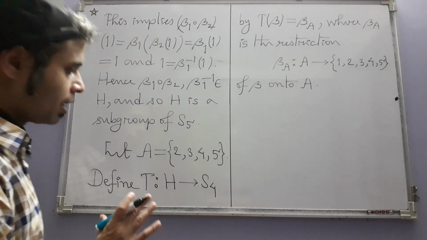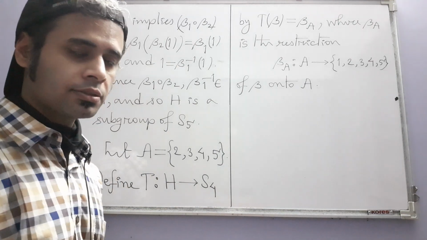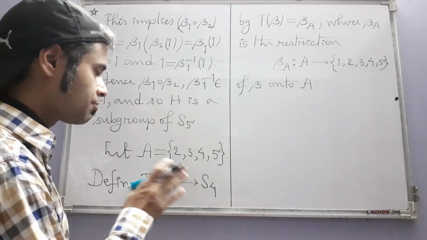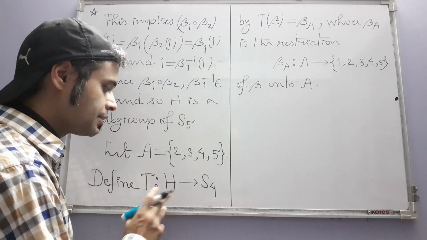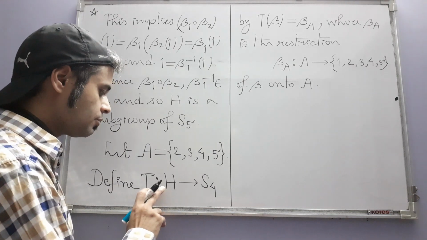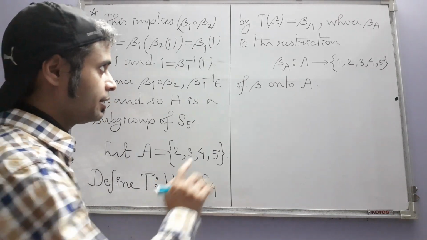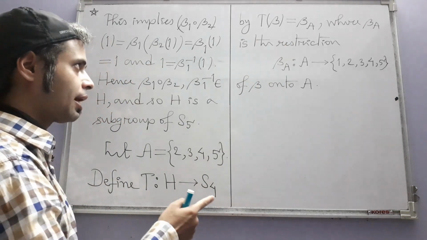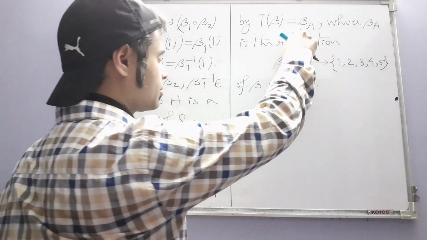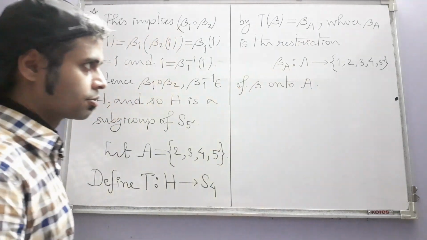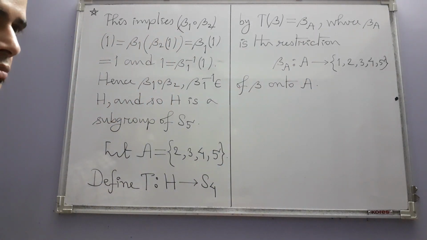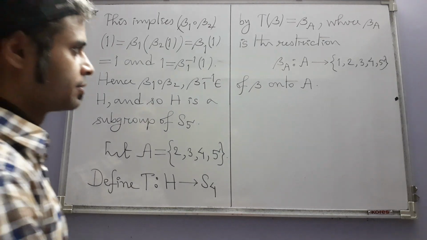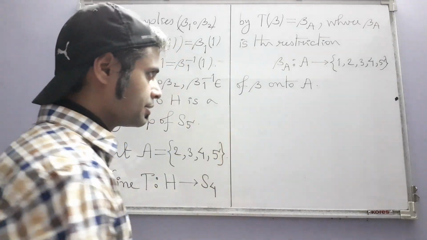Now, is this a well-defined function? That is our first concern. For this function to be well-defined, what is it that we should have? You take an input. That input is beta, which is coming from H. And what is the output? The output is the restriction of beta to A. Now the question is this.